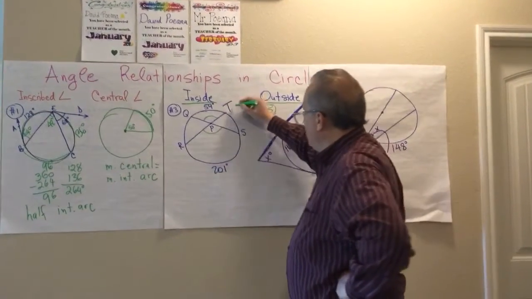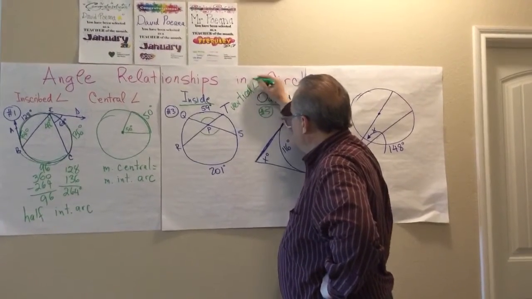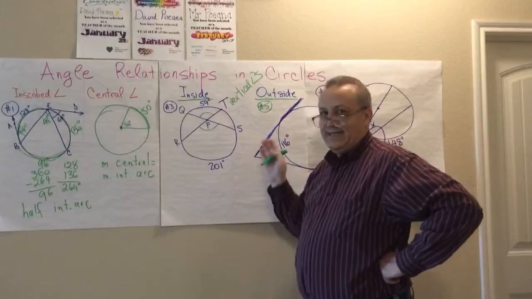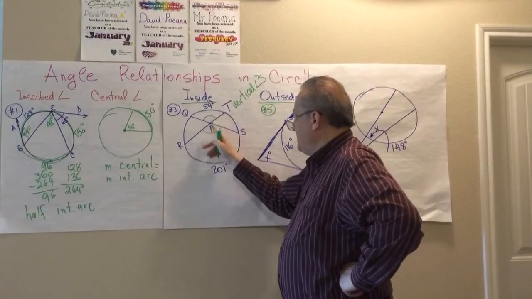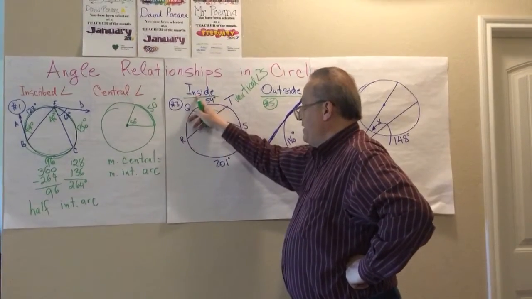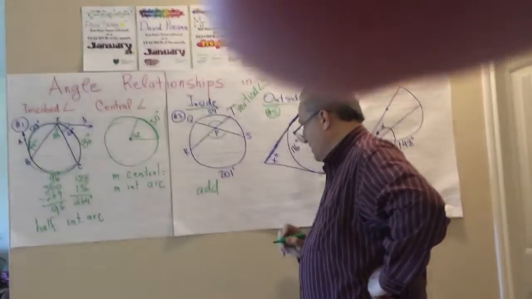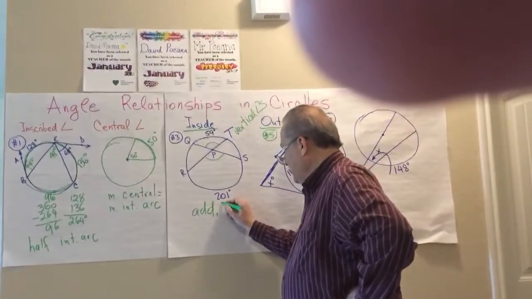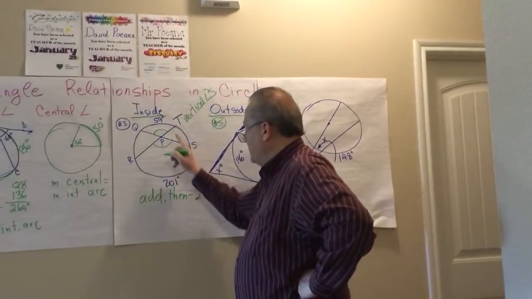Because they are vertical angles formed by two intersecting segments. How much is this angle? They are equal. Because they are inside, you're going to add the intercepted arcs, and then you're going to divide by 2.